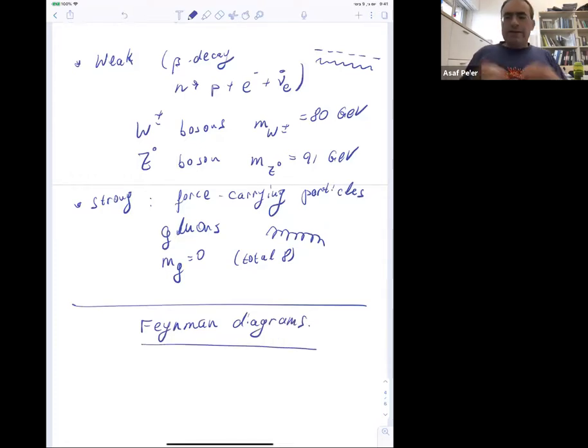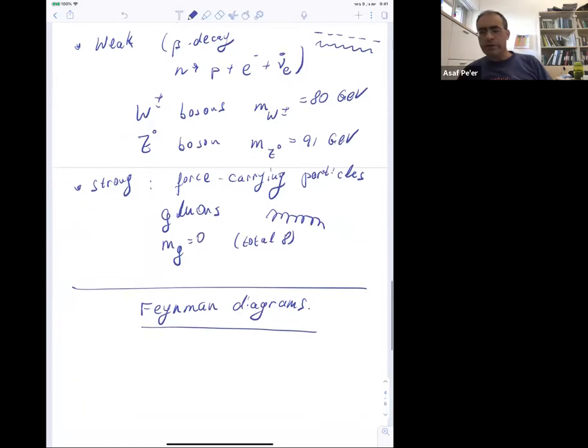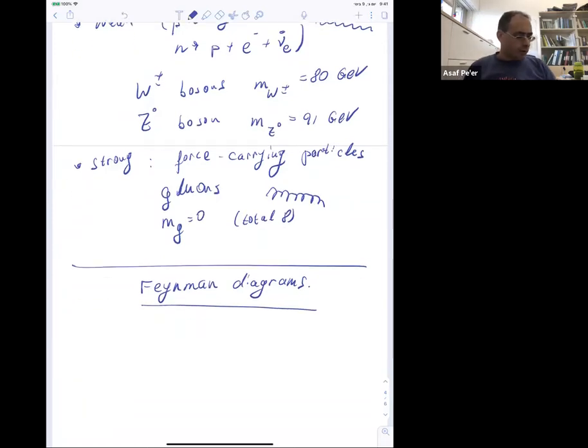So this is an essential part of the language of particle physics, and they represent the transition between the states in quantum field theory. Essentially, they include all the time ordering processes there are.